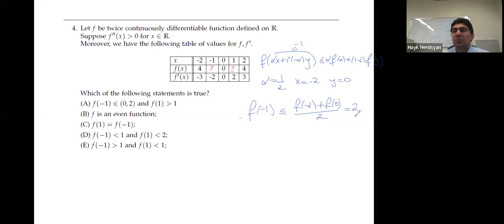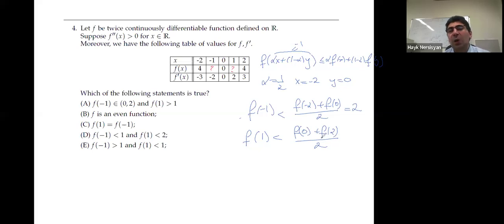So here we get 2. Actually, since the second derivative is strictly positive, we can write that f(-1) is strictly less than 2.